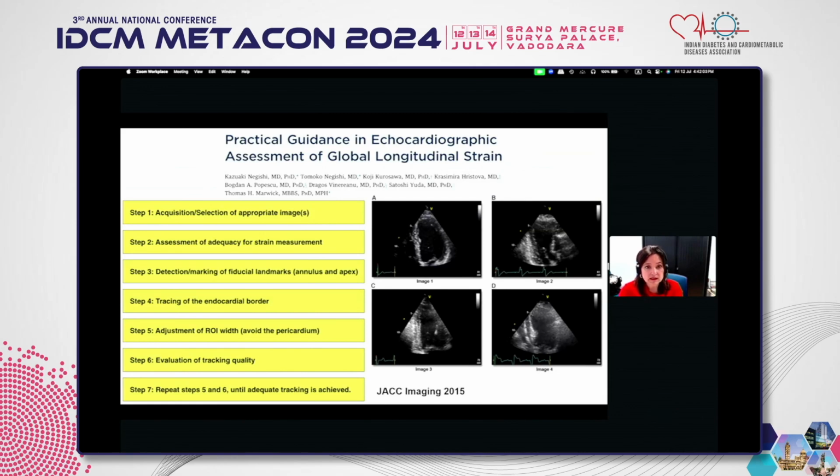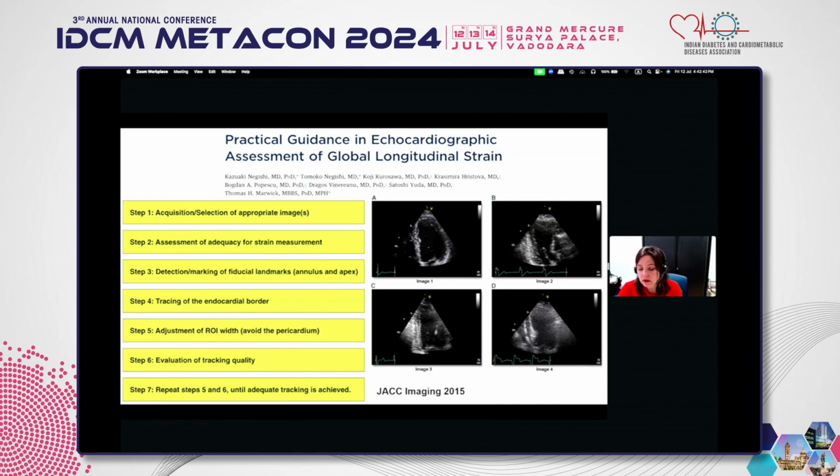In that sense, it's very important to use the same approach. When you want to do a longitudinal strain measurement, always try to have the same approach. Acquire the appropriate image, check that the frame rate is enough, at least more than 40 frames per second. Place your landmarks, and when the automatic endocardial border detection runs, check that your ROI is adjusted correctly, without going into the pericardium, including the myocardium from the endocardium, and check the tracking quality.